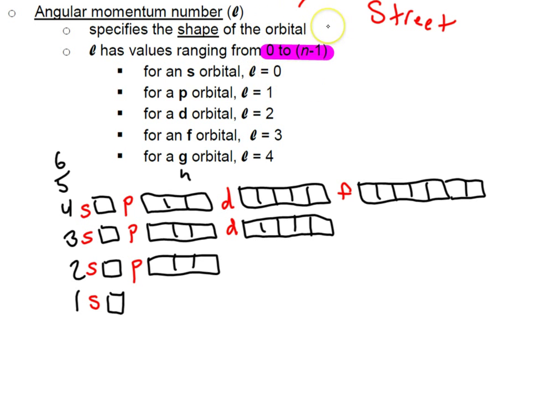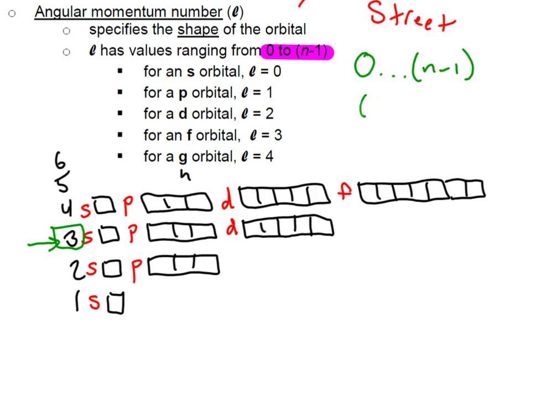If you know your n value, say, for example, we wanted to know how many L's or how many orbitals were going to be in an n value of 3, the third energy level, what you would do is solve. It's going to be a range. The range is always 0 to n minus 1.